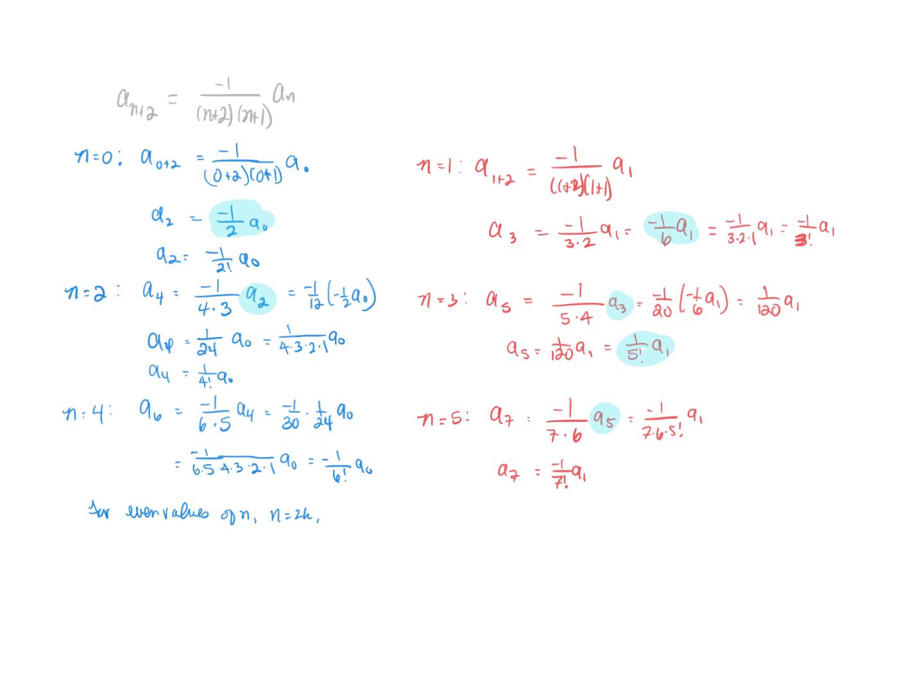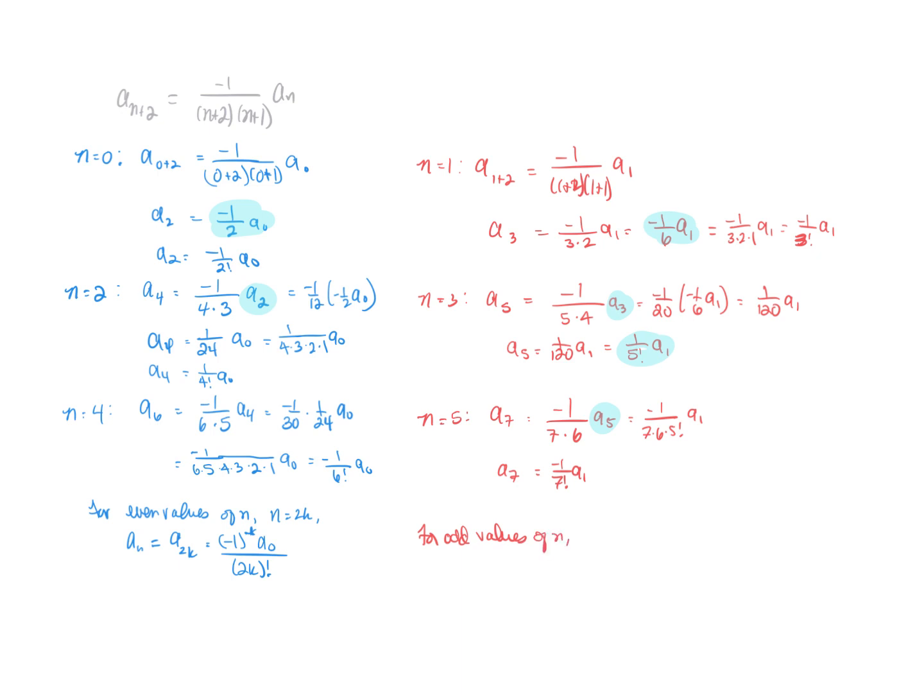We find out then that a sub n, which we can also call a sub 2k, is the same as negative 1 to the k times a naught over 2k factorial.